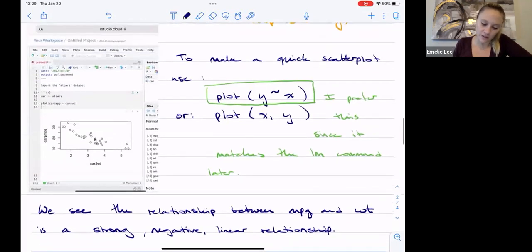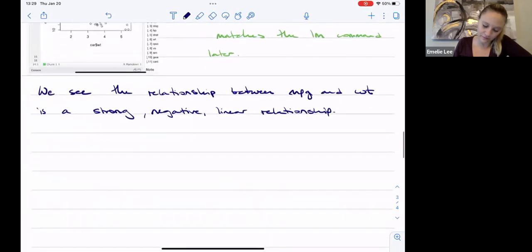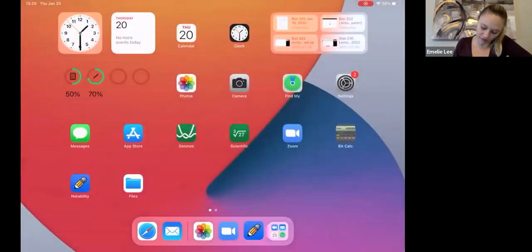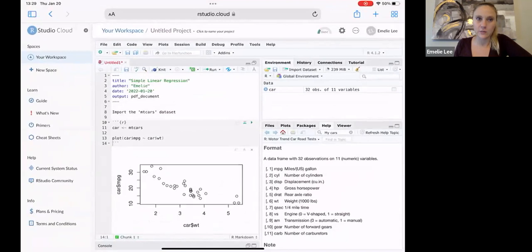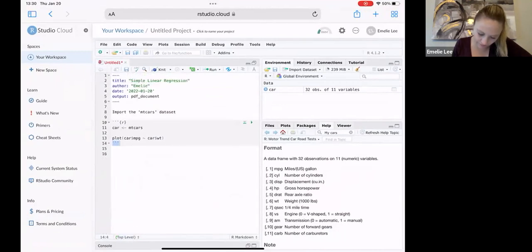I'm going to fit the model. Hope it pulls up here. Okay, and see if I can close this. Oh, there.